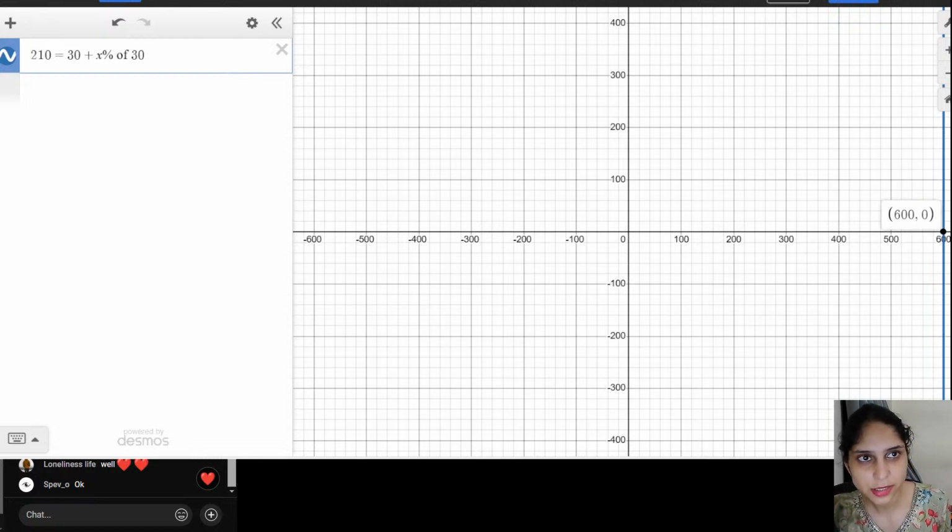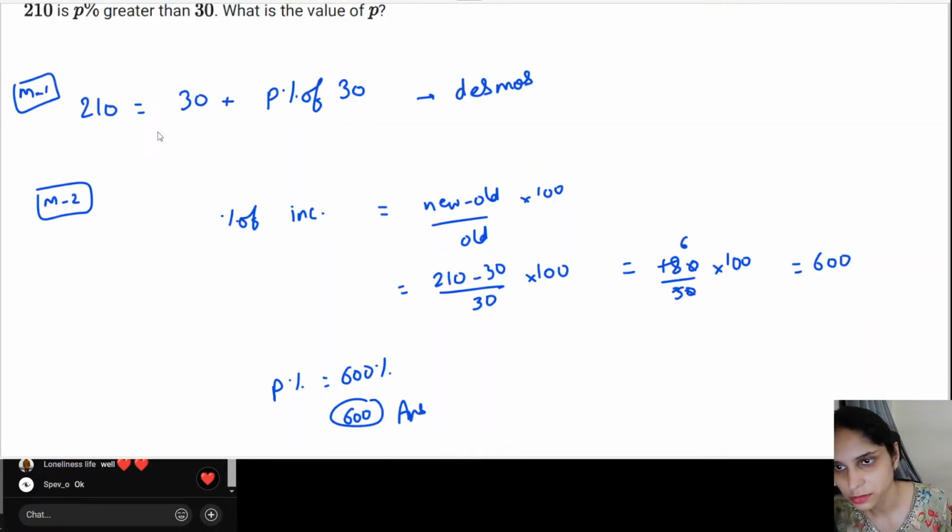So the value of P is 600. So this is 600% greater. So yeah, you can use any of these methods. Both are fine. I like both of them because you have the formula for percentage of increase as well.